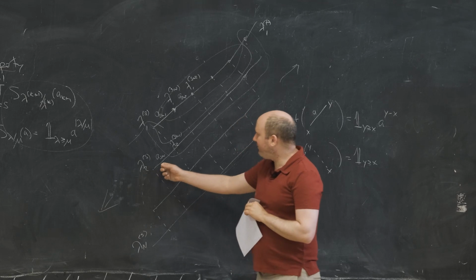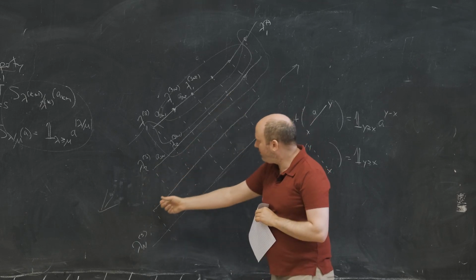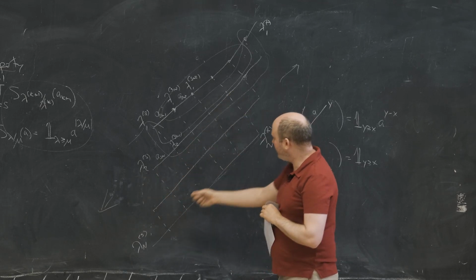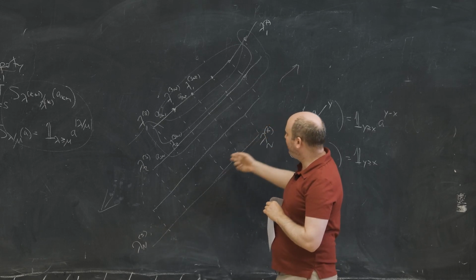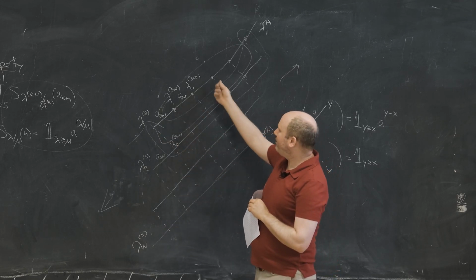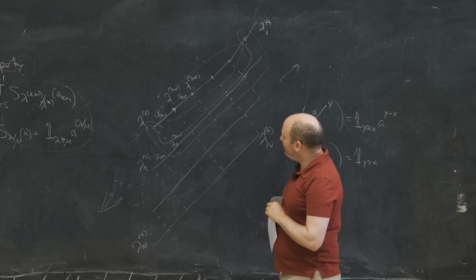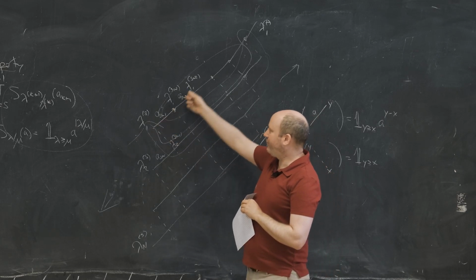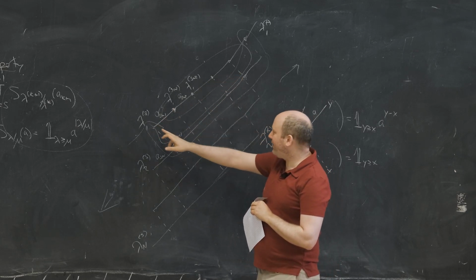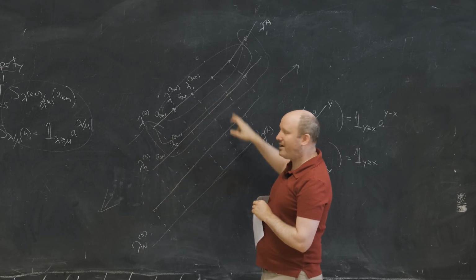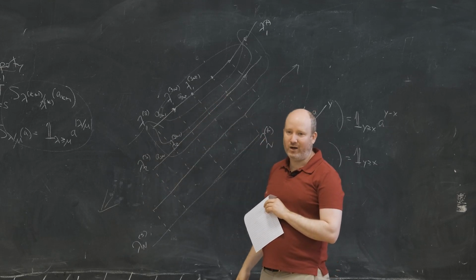to think of the law of the lambdas along each one of these diagonal lines as being the law of independent geometric random walks. And then to think of these dotted lines as creating an interaction between these random walks.